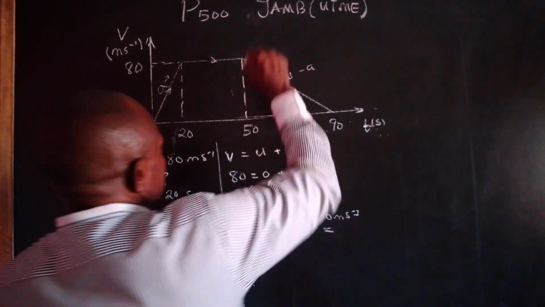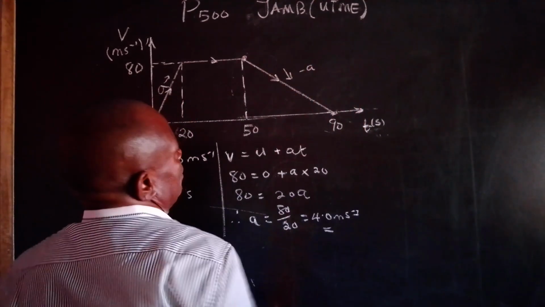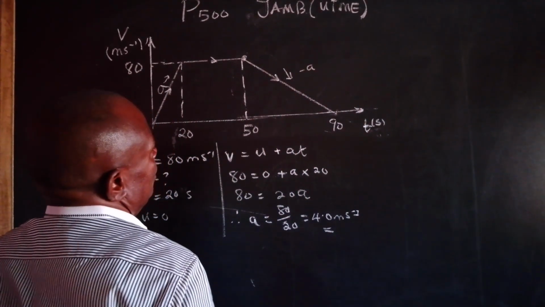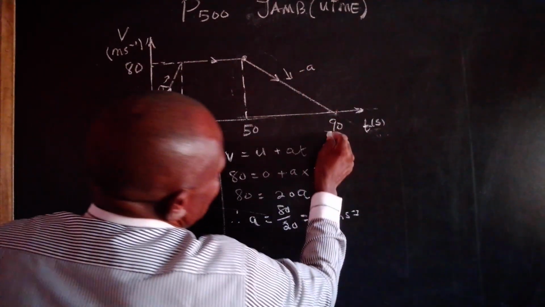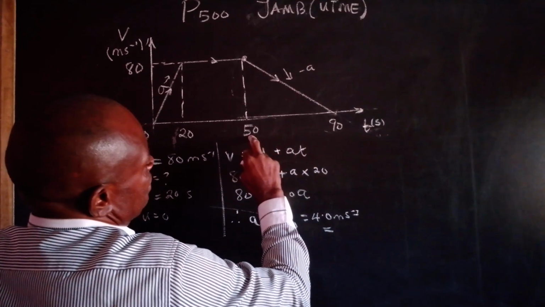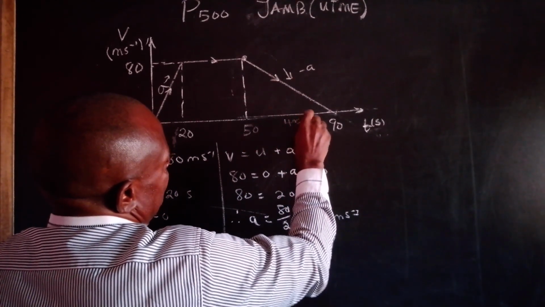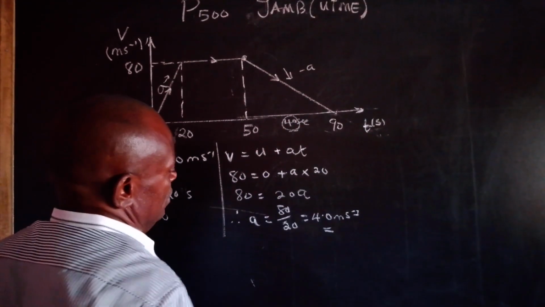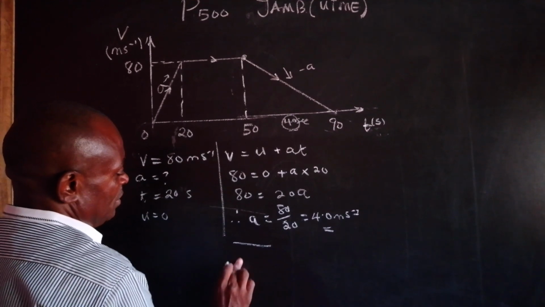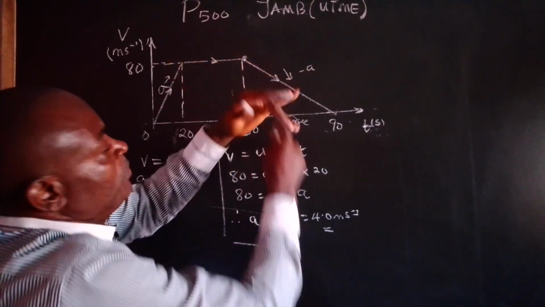Now, the retardation begins from this point down to the point of equilibrium, or the 0 point in the graph. Along this side, the time frame is 90 minus 50, which gives us 40 seconds. Now the body is coming to rest, so there's a transformation of velocity here.